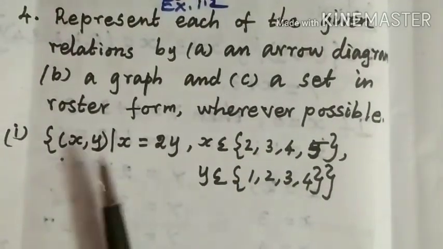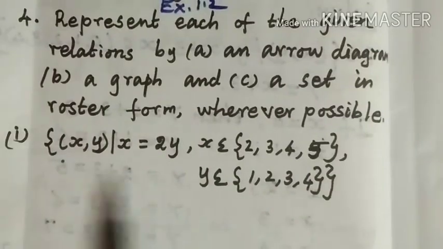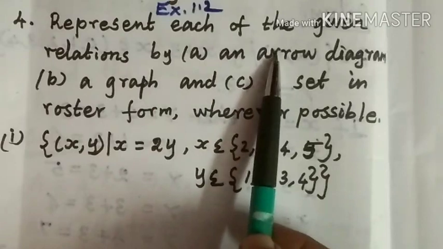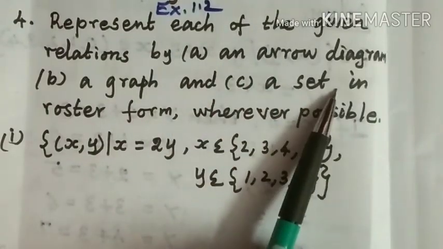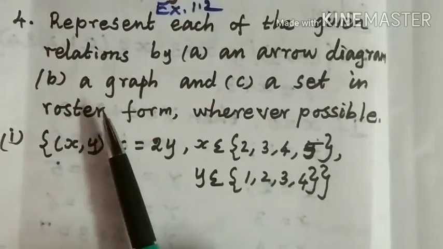Okay students, in this question the relation is given in set-builder form. So we have to represent this relation in arrow diagram, graph and roster form.